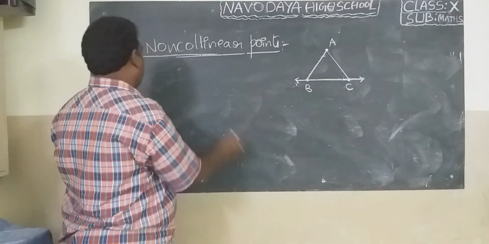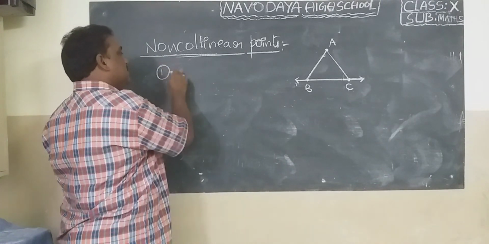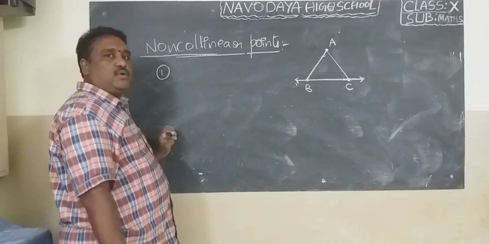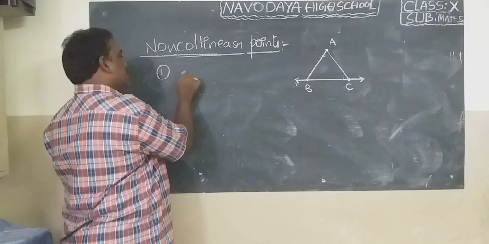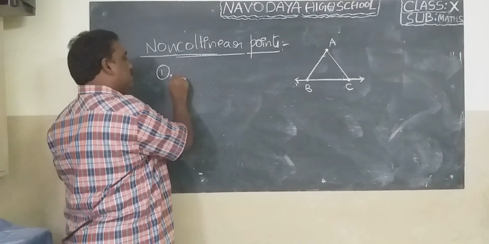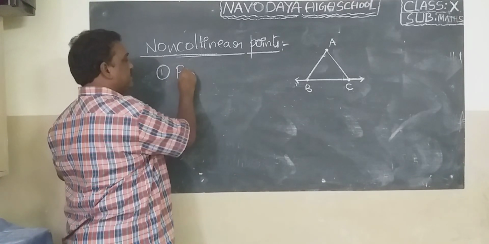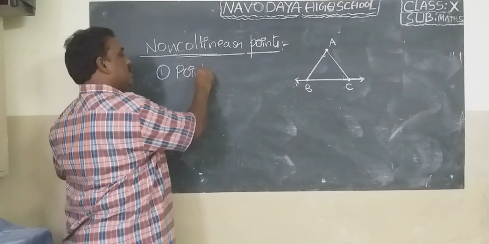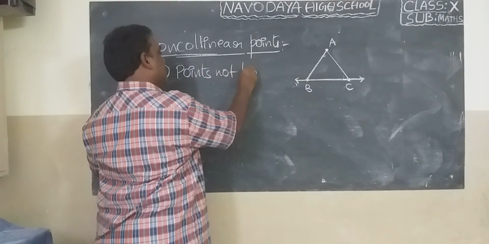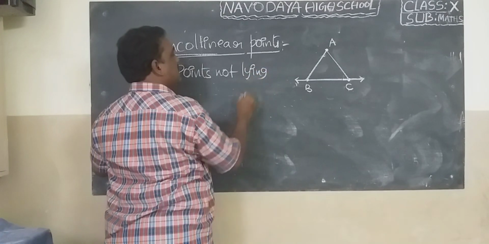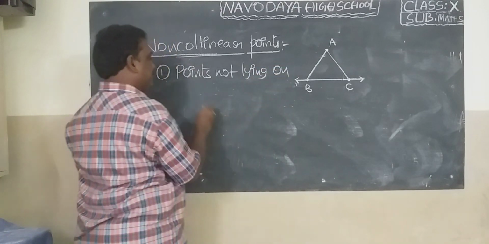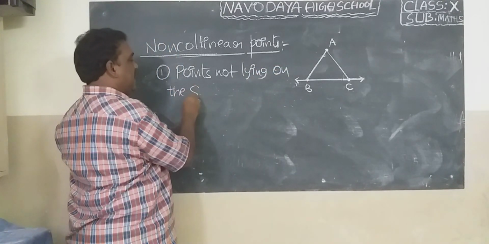What is the first point about non-collinear points? Points not lying on the same line.